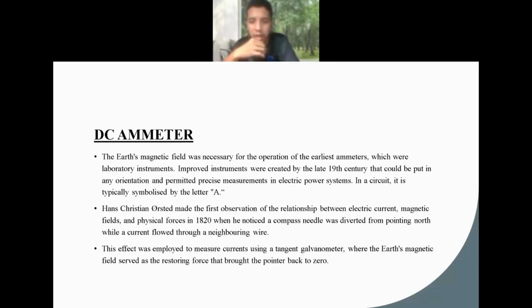In a circuit, it is typically symbolized by the letter A. Hans Christian Ørsted made the first observation of the relationship between electric current, magnetic fields, and physical force in 1820, when he noticed a compass needle was pivoted from pointing north while a current flowed through a neighboring wire. This effect was employed to measure currents using a tangent galvanometer, where the Earth's magnetic field served as the restoring force that brought the pointer back to zero.